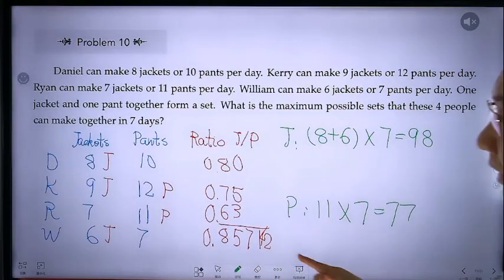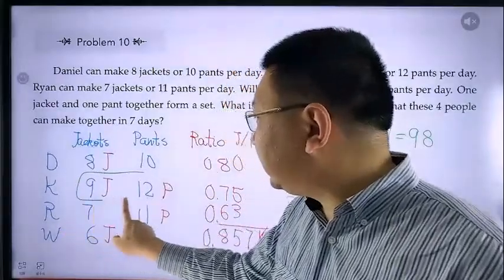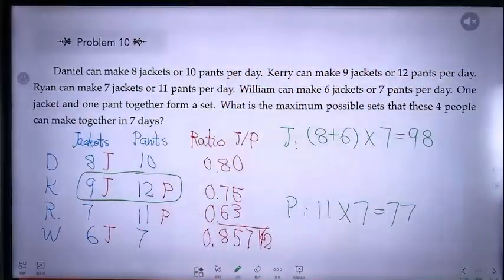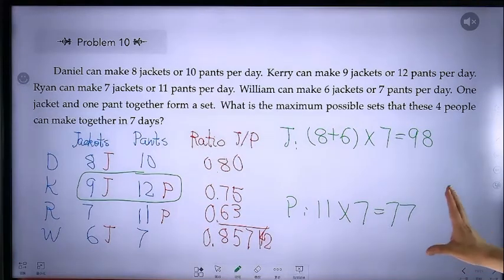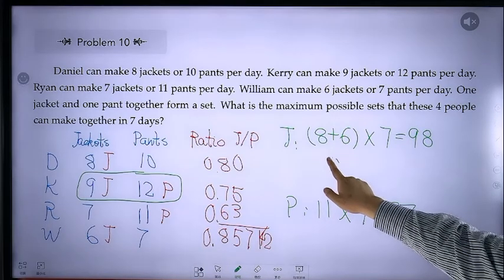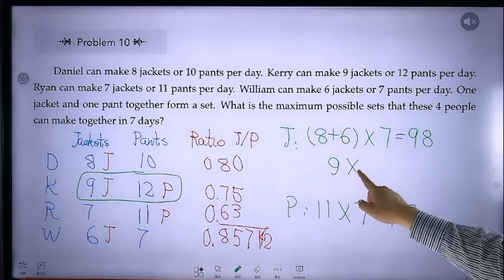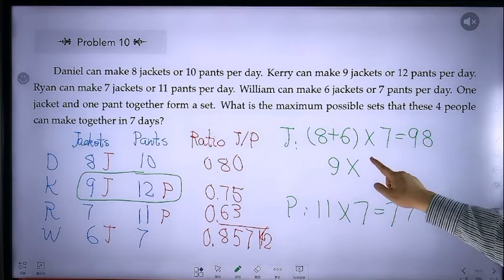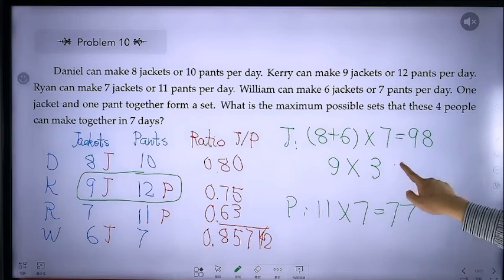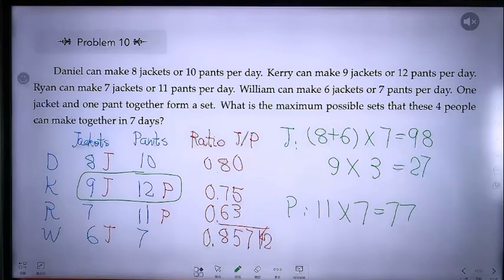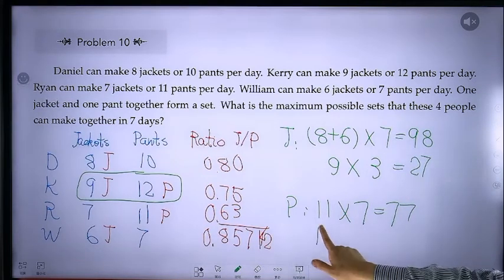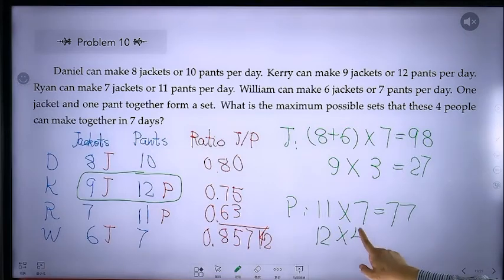But then the key thing is how we allocate the work arrangement, how we allocate jackets and pants to Carrie. We could have a little try, and this try will tell you that if you let Carrie create jackets for 3 days, then they get another 27 jackets, and then you let him produce pants for another 4 days, that would give 48 pants.